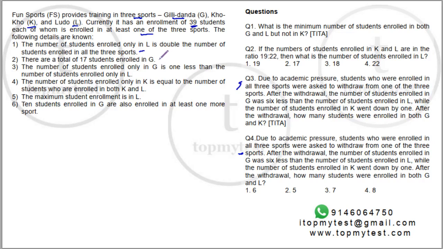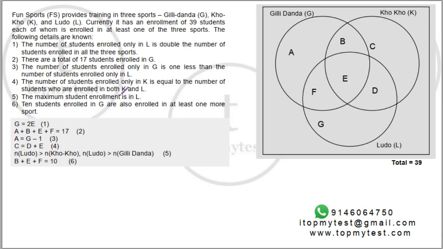A total of 17 students are enrolled in G. The number of students enrolled only in G is 1 less than the number enrolled only in L. The number of students enrolled only in K is equal to the number enrolled in both K and L. Maximum student enrollment is in L, and a total of 10 students enrolled in G are also enrolled in at least one more sport. Okay, so let me just summarize this.